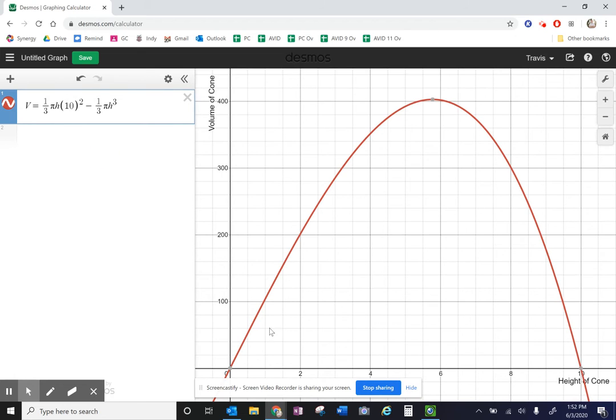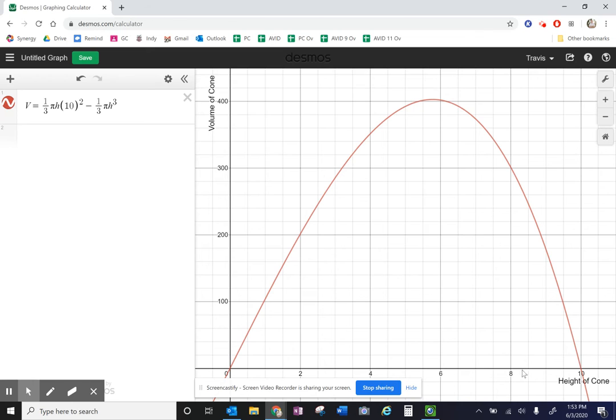But notice what this graph is showing. My x-axis represents the height of the cone. My volume is represented on my y-axis. And so this kind of makes sense, right? If the height is very small, in other words, you barely started to overlap the cone at all, my volume's not going to be very much. And then as I wrap, the height continues.